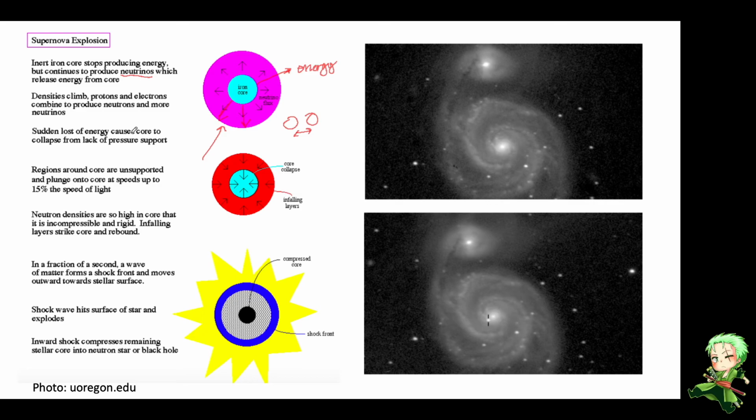So sudden loss of energy causes the core to collapse from lack of pressure support. So wala kining pressure support, mao na natong giingon nga thermonuclear force or thermonuclear pressure ganina. So tungod kay wala na ni, mo-collapse na siya due to gravity.